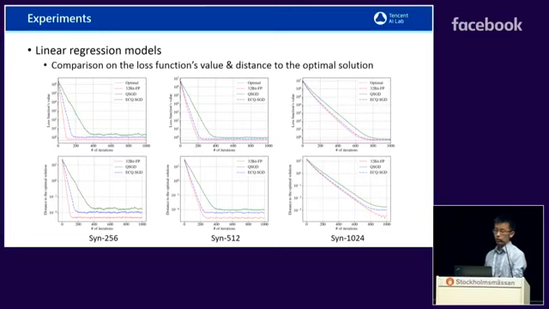From the first row, we discover that ECQ-SGD converges faster than QSGD for all datasets and achieves a better solution after convergence. From the second row, we note that the suboptimality gap of our method is smaller than QSGD, which matches our previous analysis.